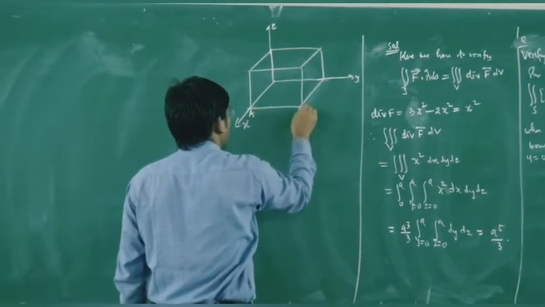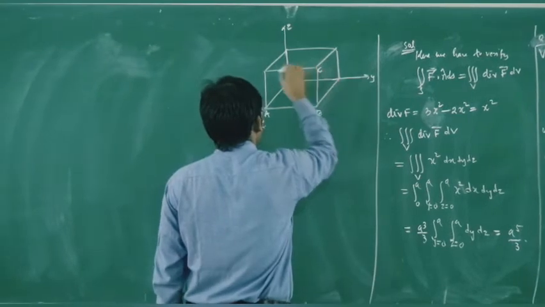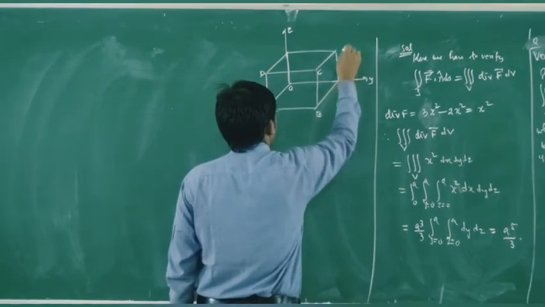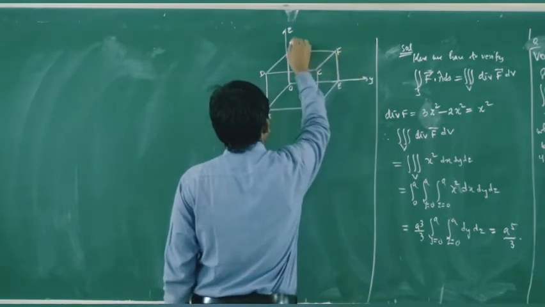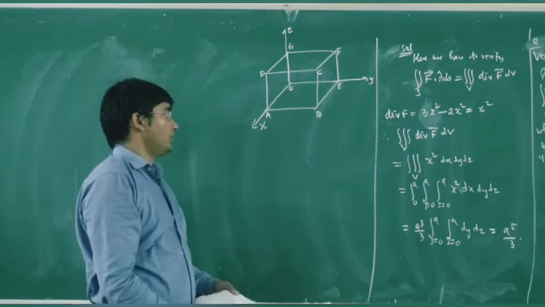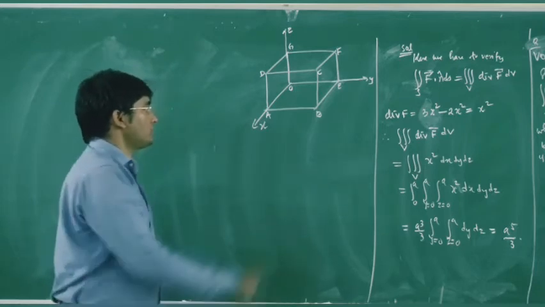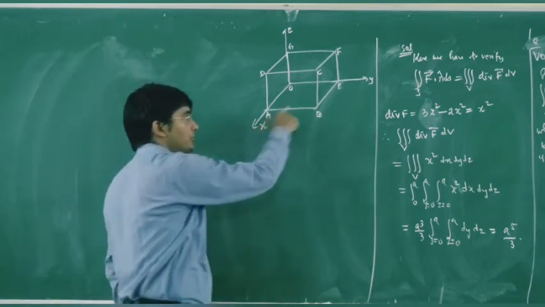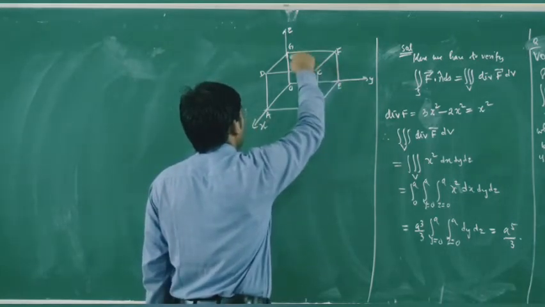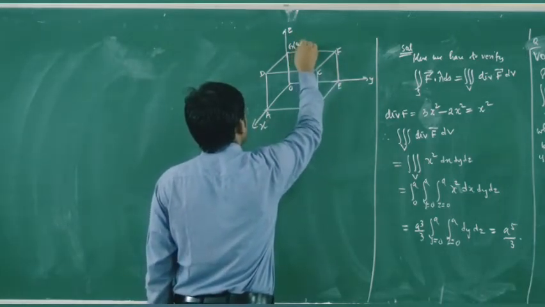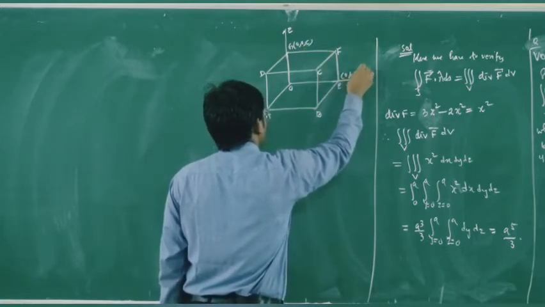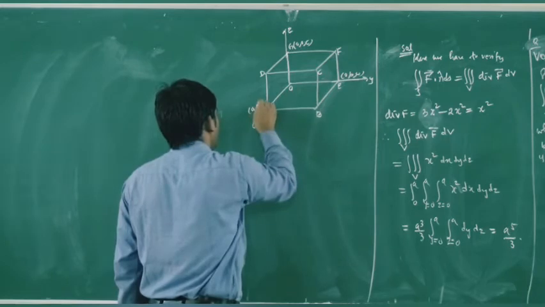This is your A, B, C, D. Say this is your origin. This will be your E, F, and then we have G. This is your A, 0, 0. Here we have B, 0, 0, 0, B, 0. And here we will have 0, 0, C. This will be your 0, B, 0. And here we will have A, 0, 0.